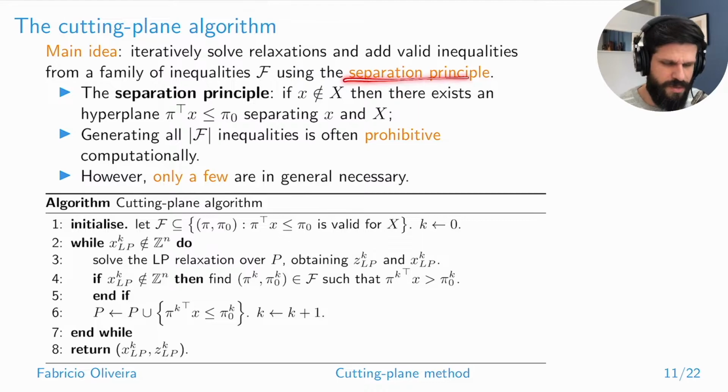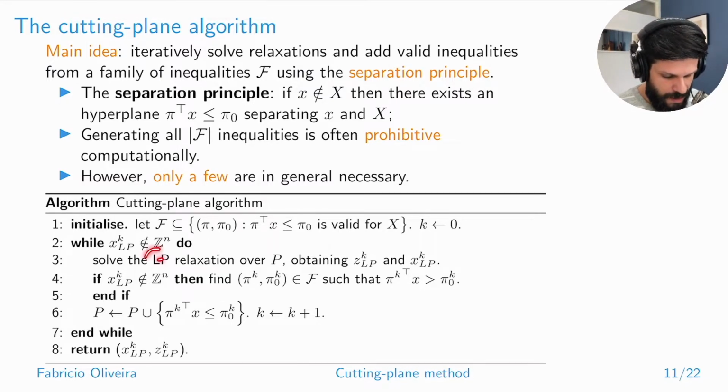You can use the separation principle to show that here is a valid inequality because it separates this infeasible solution. And here it is posed with x_LP, thinking about this as being a solution for your relaxation, really. But we are posing this already in the context of LPs because that's where we're trying to go. So this family will be a family of cuts, of valid inequalities, for a set X that is expressed like we've been doing, with a polyhedral set intersected with integer points.